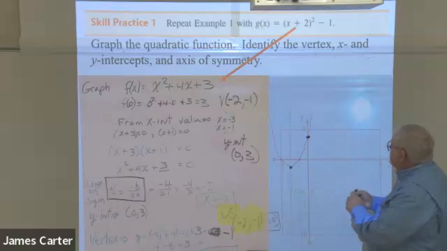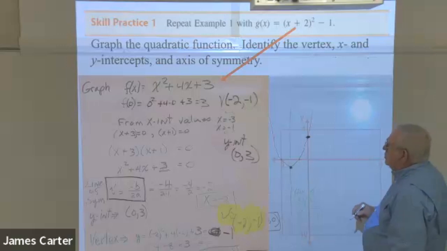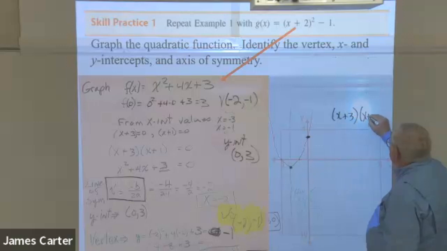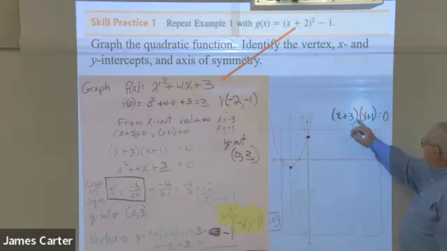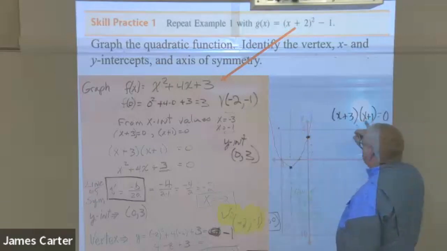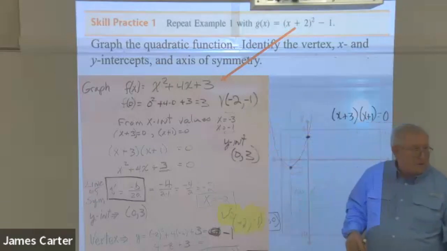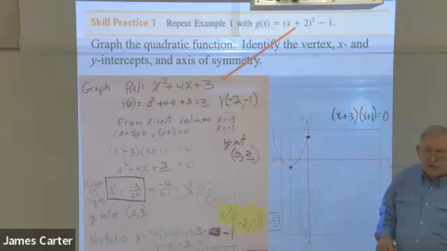But in this case, I can factor that thing. Will it factor? Well, yes, it actually will. That thing will factor into x plus 3 times x plus 1 equals 0. Okay? You see those factors? 3 times 1 is 3. 3 plus 1 is 4. You match the center.